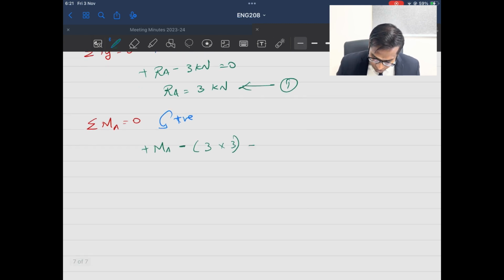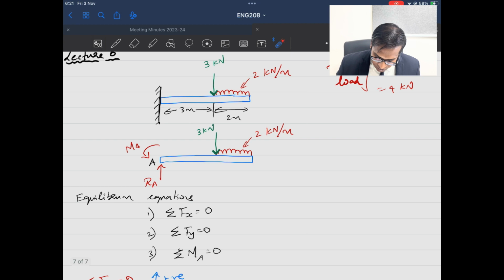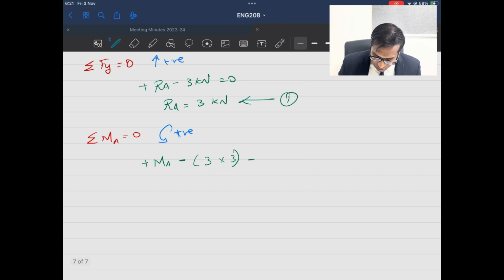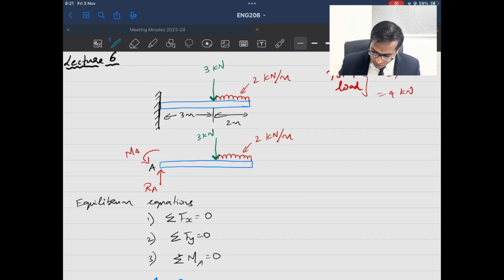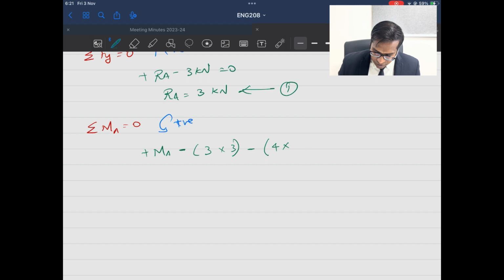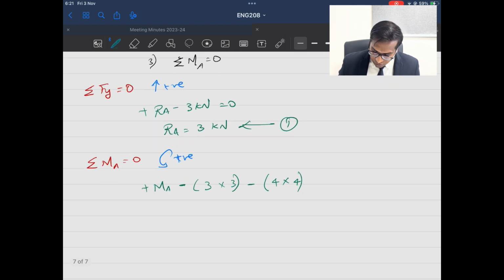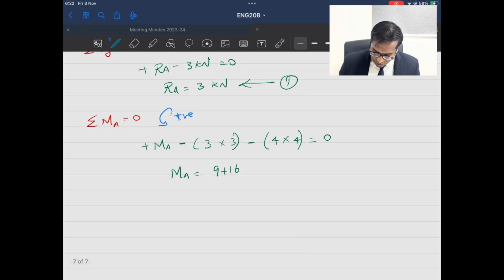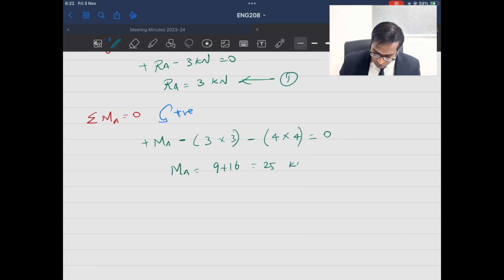Again the direction: the total force acting in the middle of the 2 meter length rotates clockwise, so minus 4, because the total load is 4 into distance 4. So MA minus 3 into 3 minus 4 into 4 equals 0, so MA is equal to 9 plus 16, that is 25 kilonewton meter.